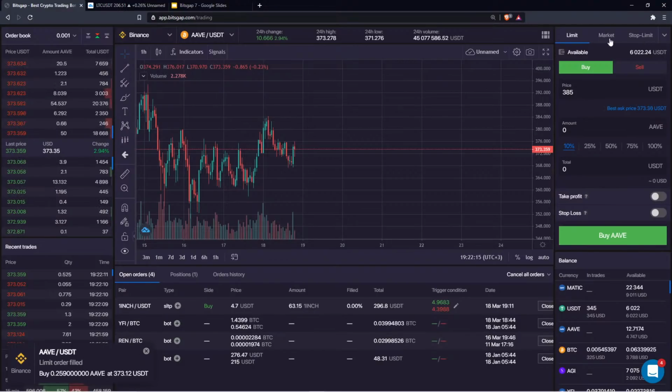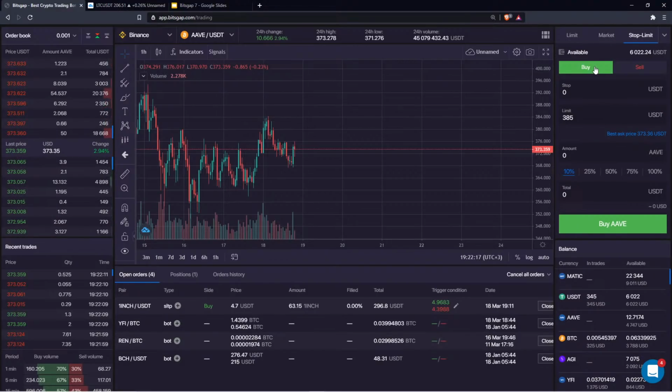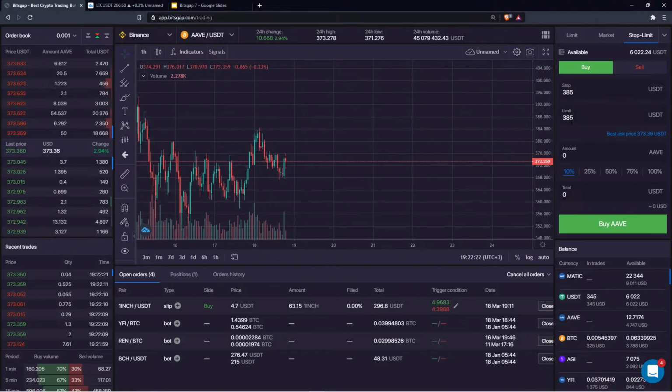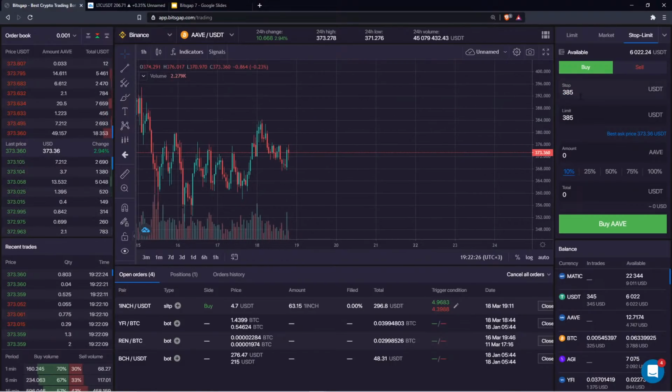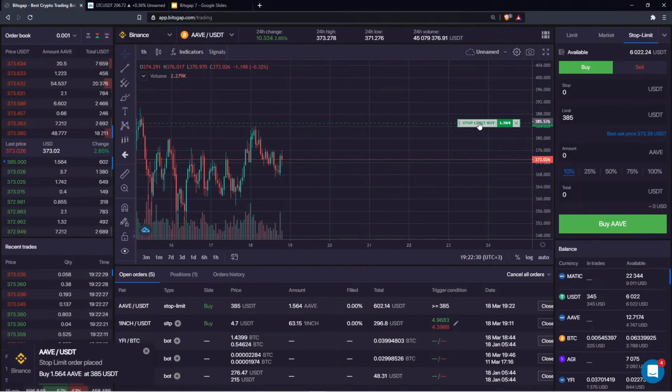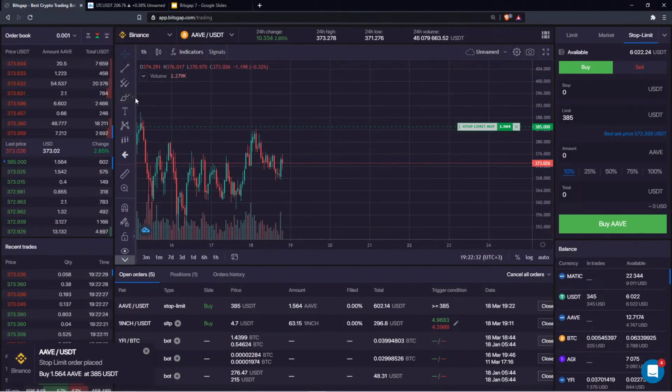But if you don't want this to happen, then use the stop limit buy, because in this case it ensures that it only buys at certain conditions, which are defined by the stop price. So let's use it again. Now I have my stop limit over here. That means as soon as the price reaches this level and breaches the previous higher high, reaches 385, it will open the limit buy order in this area at the price of 385.